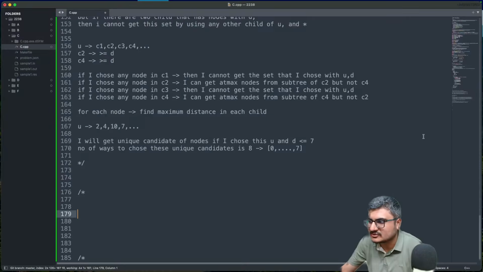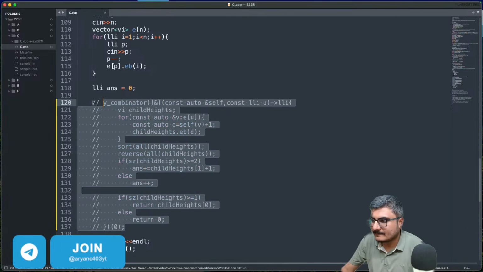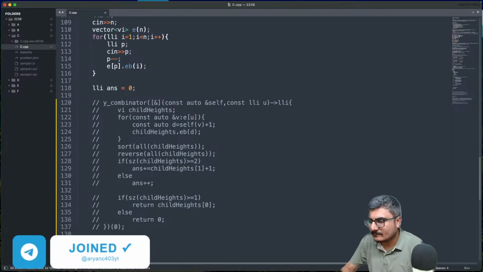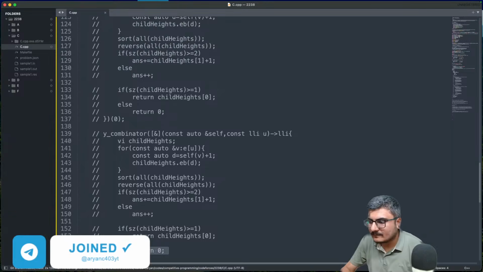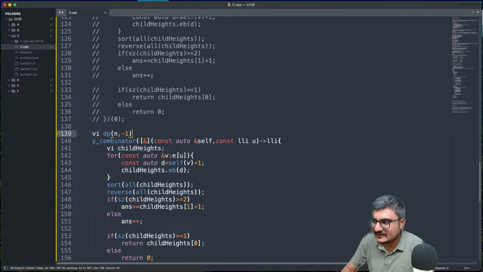That will also work actually. No, with recursive, you need to be a bit careful to use DP there. Otherwise, you will definitely get a TLE.